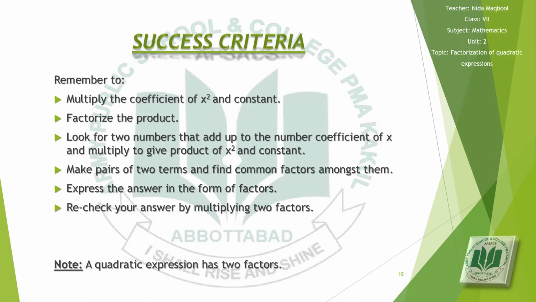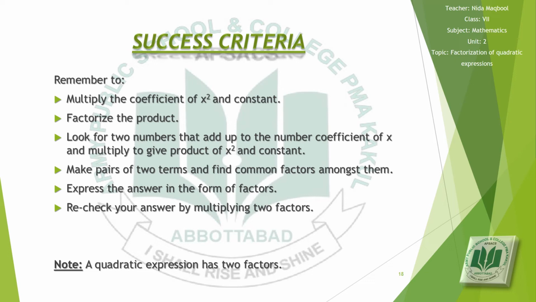Now there are a few steps which I would like you to remember before solving these questions. Remember, you have to multiply the coefficient of x square and the constant. Then you will factorize this product. Look for two numbers that add up to the coefficient of x and multiply to give the product of x square's coefficient and the constant.